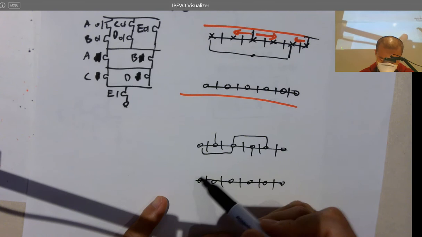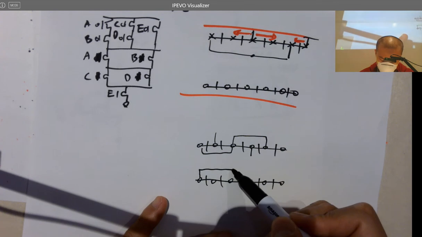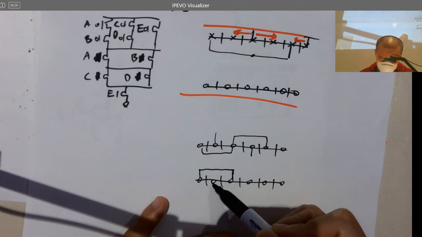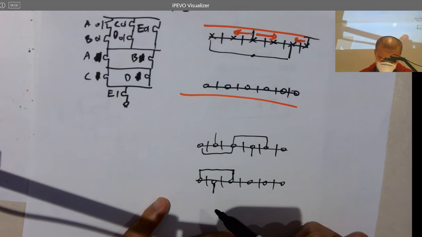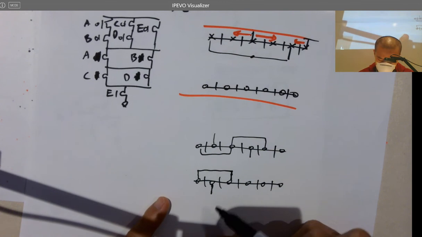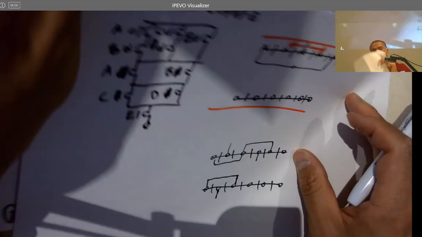So what you want to do is probably like this, two in parallel, output. That's the solution, how we do it.